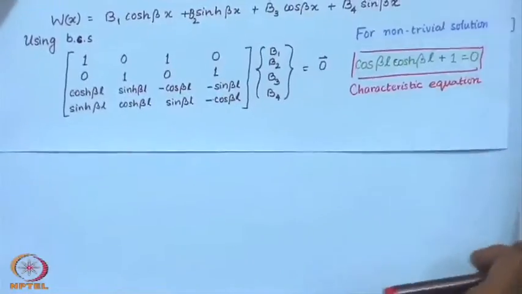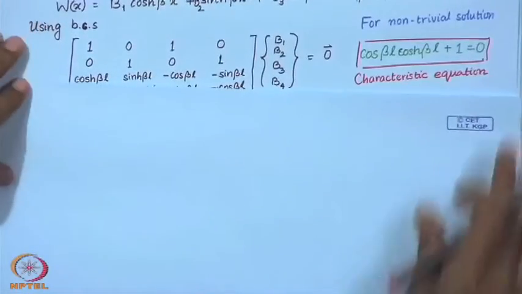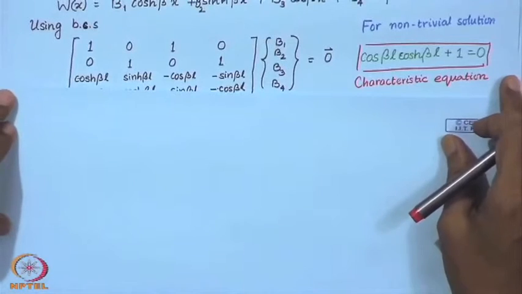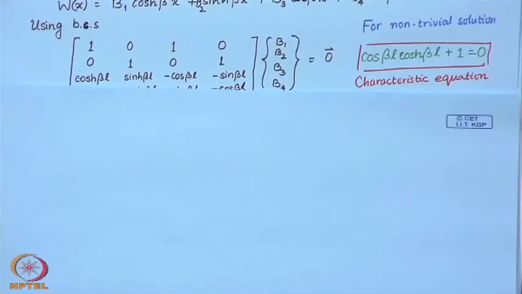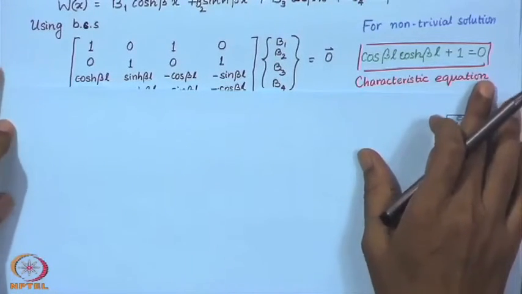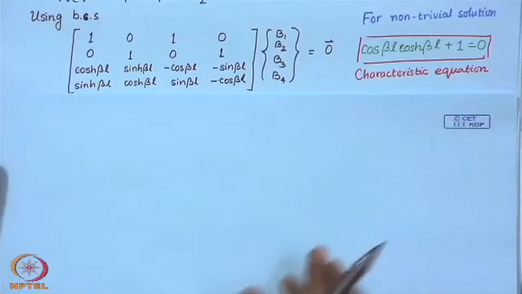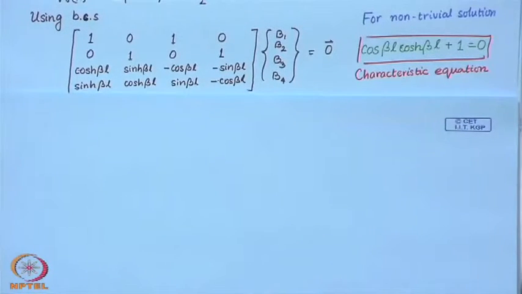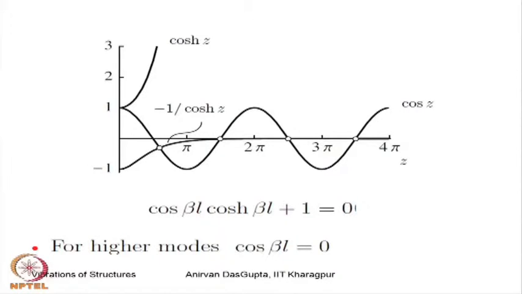Now, if you plot these functions after some rearrangement, then we can have a graphical approximation for the solutions as shown in this picture. So, what we have done is we have written this cos beta L. So, this is the characteristic equation.